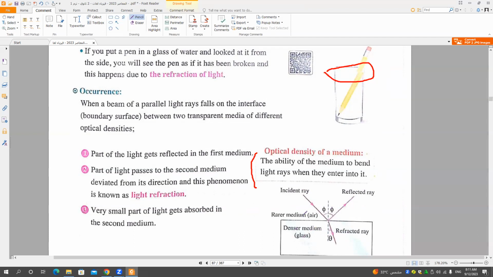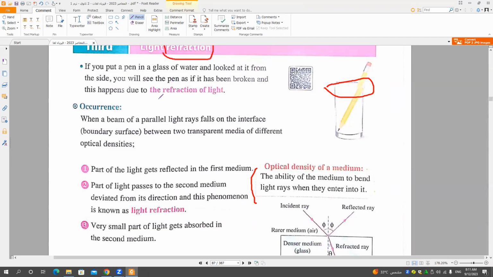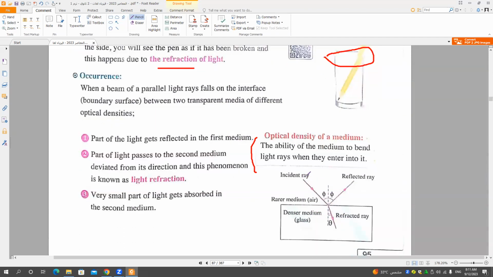But we study the phenomenon of light refraction, so we will study the incident light ray and the refracted light ray between two different transparent media, from air to glass. Look at this rare medium and denser medium.